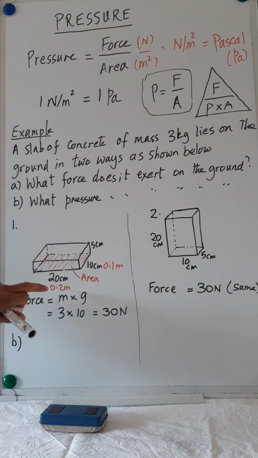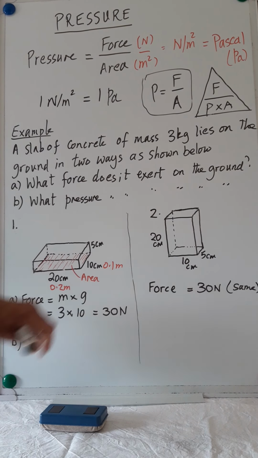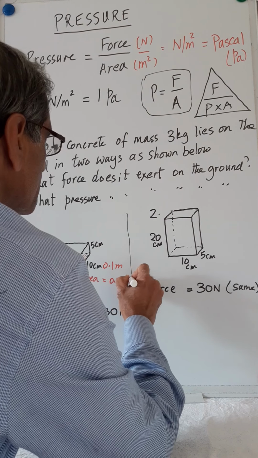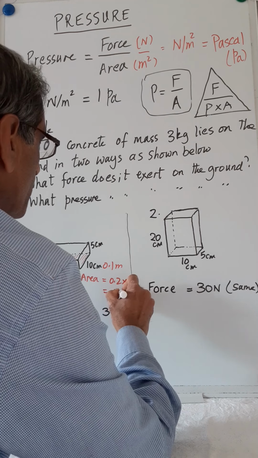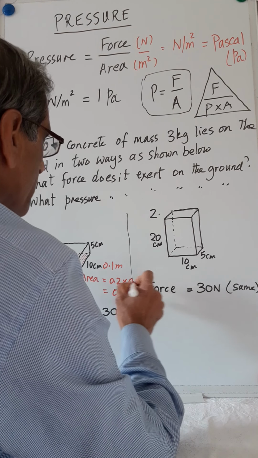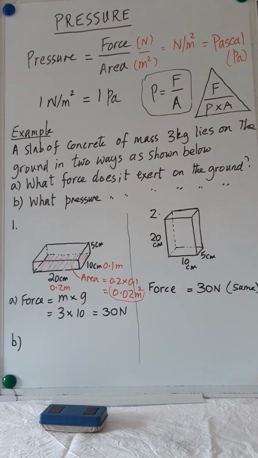So the area is going to be 20 times 10, which is the same as 0.2 times 0.1, which is 0.02 meters squared. Okay, so we get the area is 0.02 meters squared.